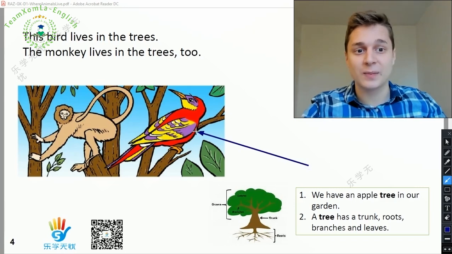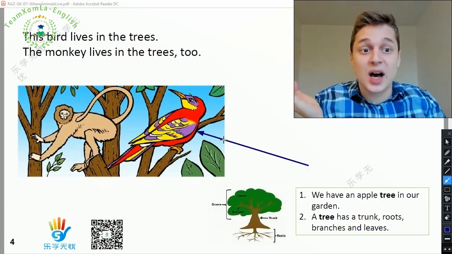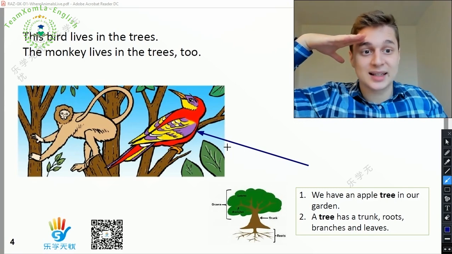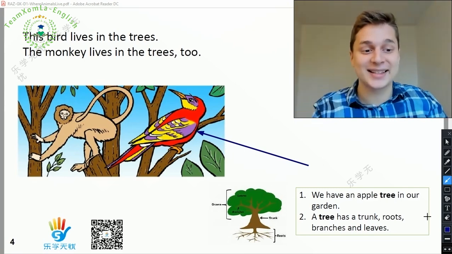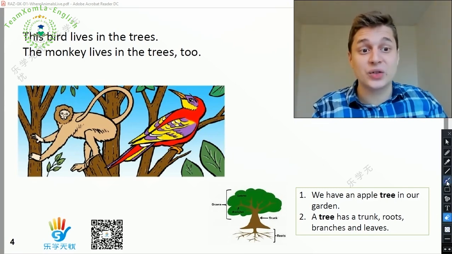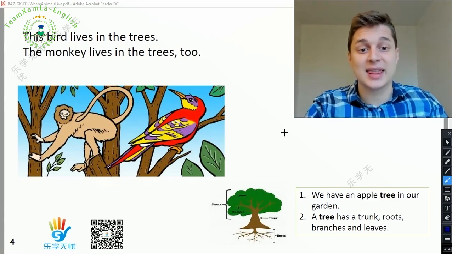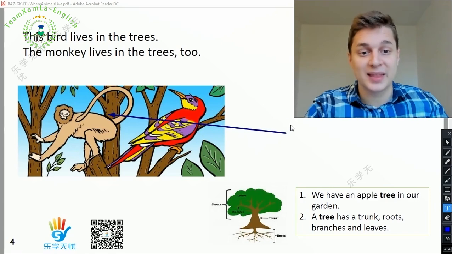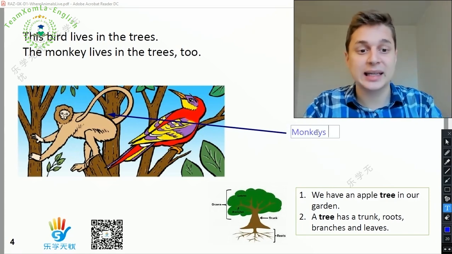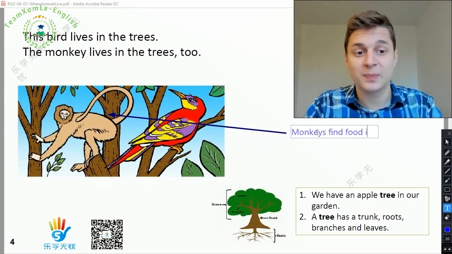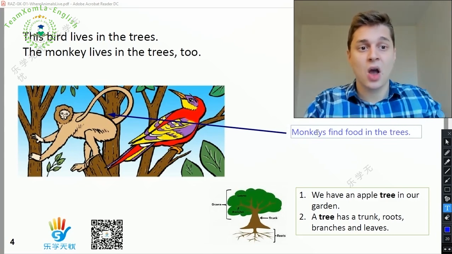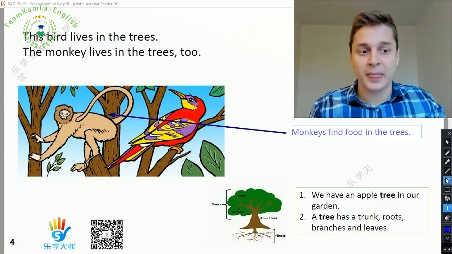Birds as well. What do monkeys find in the trees? Bananas. Monkeys find food in the trees. That's why they go up there. They find food. Monkeys find food in the trees. What about the bird?